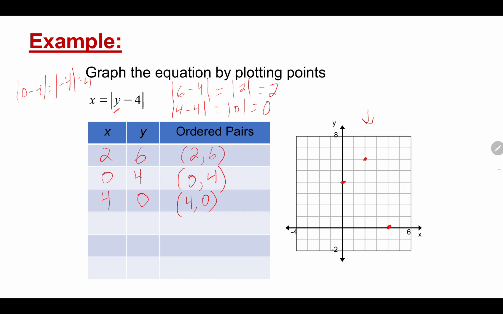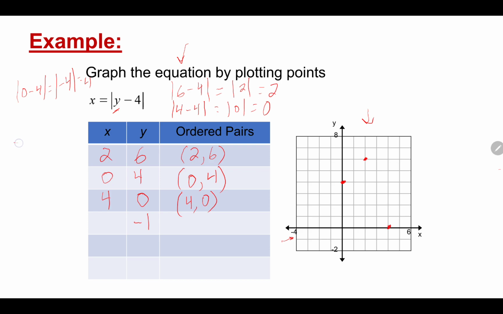Well, let's see where I can get some. Now this is an equation, so it may not be a function. But let's try some more. So we've got there, we got the 0. Let's plug in a negative, I don't know, negative 1. Negative 1. This is for my y value. So that's going to put me on this row somewhere. Let's see what happens.